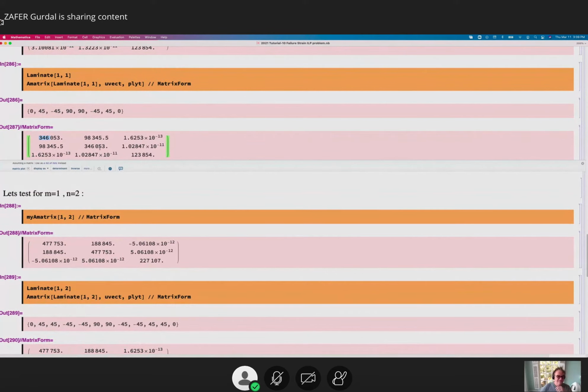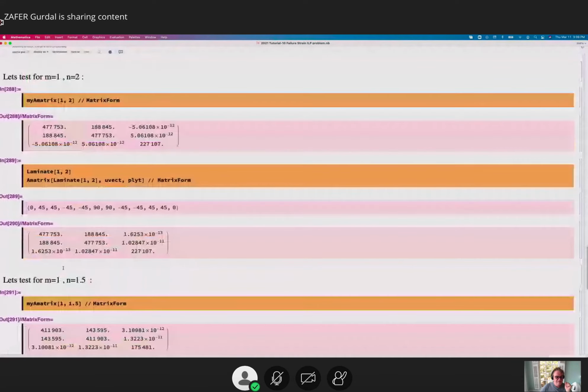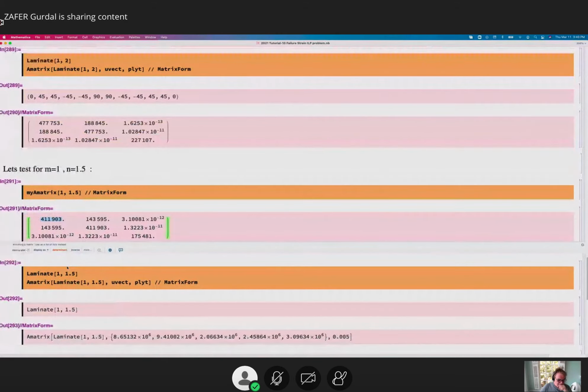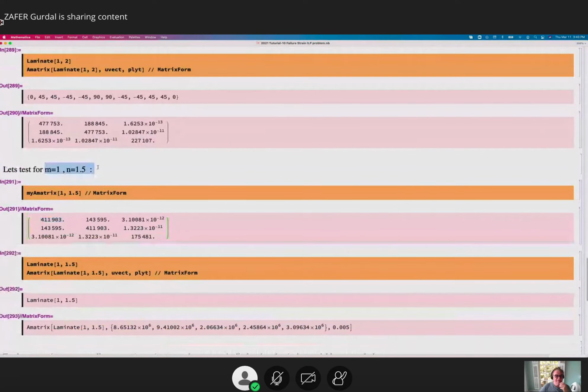Since the A matrix linearly goes with that, in 346, 477, this is halfway between at 411. All right, so with this way, I can actually use m and n values that are non-integers.